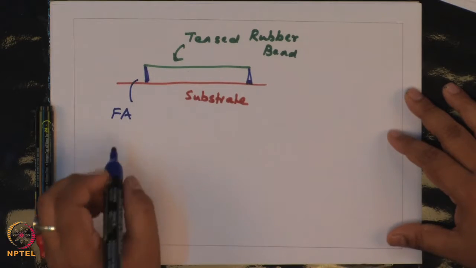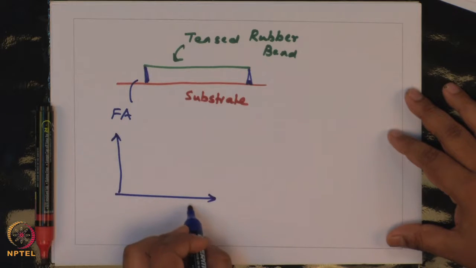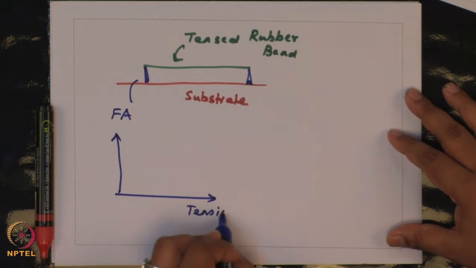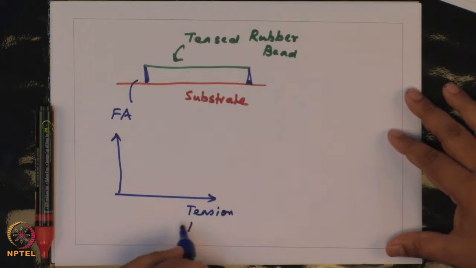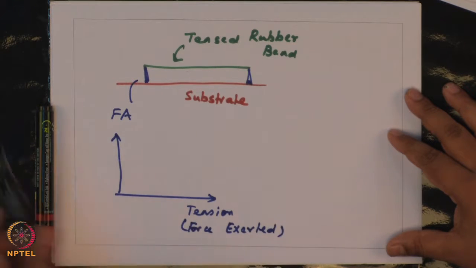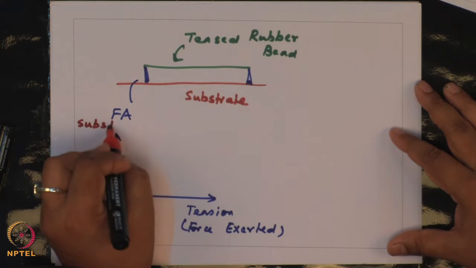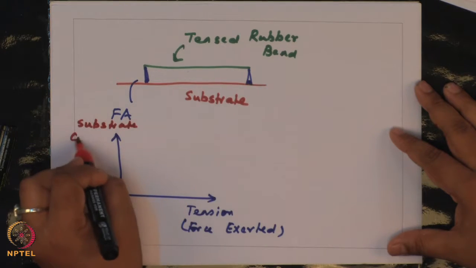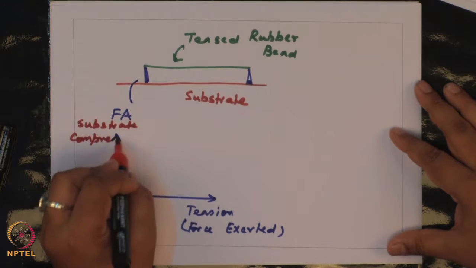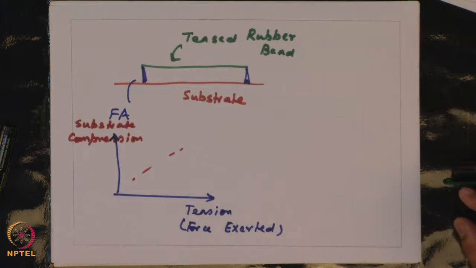So, if you increase the tension, I can plot the tension or force exerted at the adhesion versus the substrate compression. Okay. So, you should see a linear relationship.